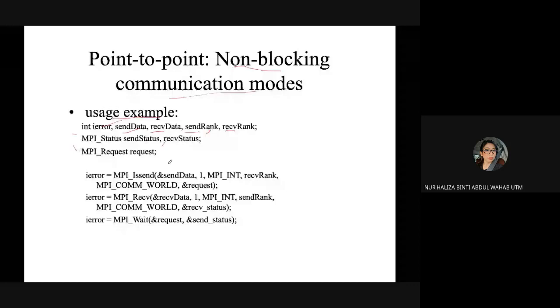If you have the MPI status, send status, you can also receive the status to check whether it is complete or not. And you can also send a request when it finishes, and so on. So this is an example.